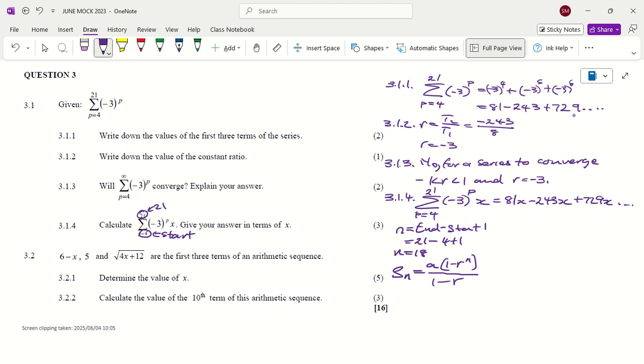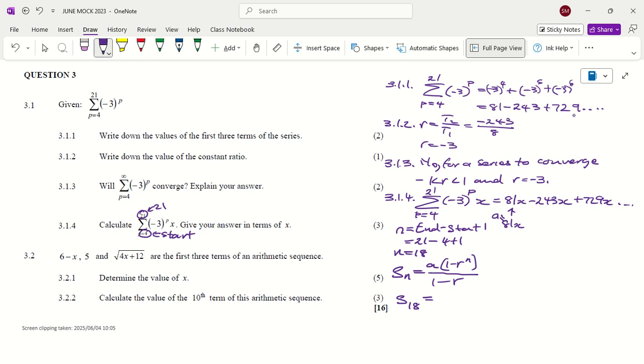Then now we are going to substitute. It's the sum of 18 terms. What is the first term again? The first term is this one, 81x. So this is our A.